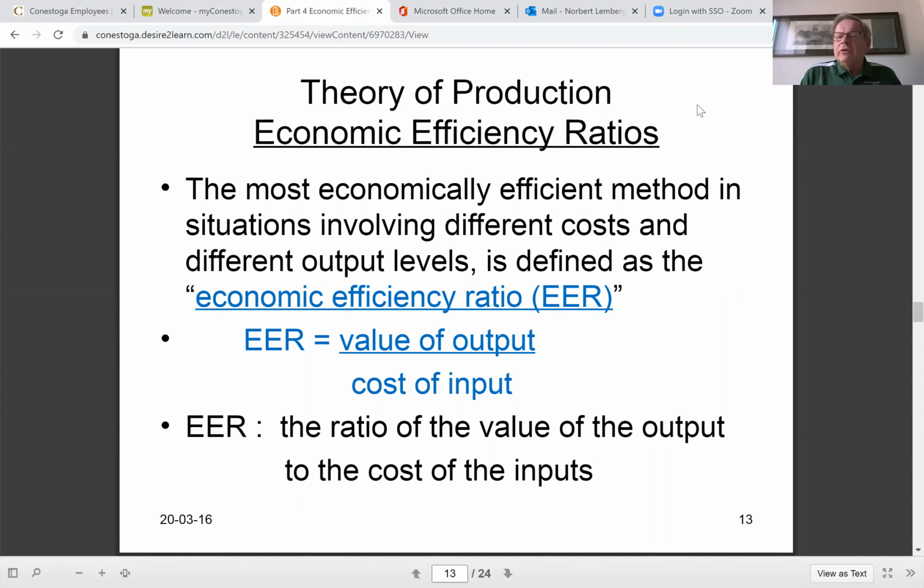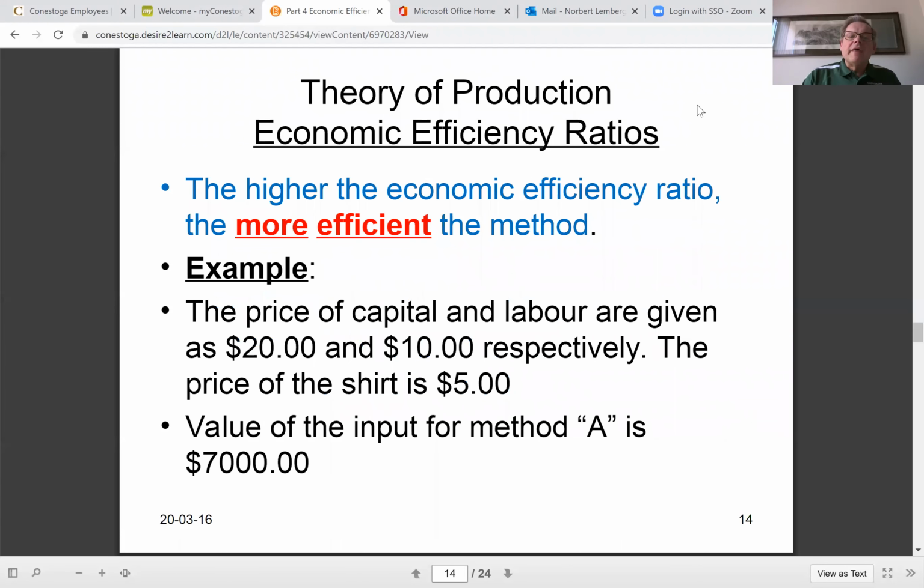Once again, the value of output divided by the cost of input, the ratio of the value of the output to the cost of the input. The higher the economic efficiency ratio, the more efficient the method. Please underscore, highlight that the higher the economic efficiency ratio, the more efficient the method.